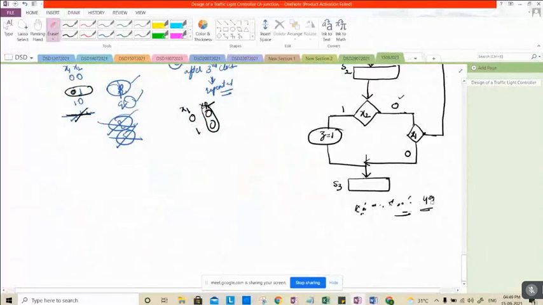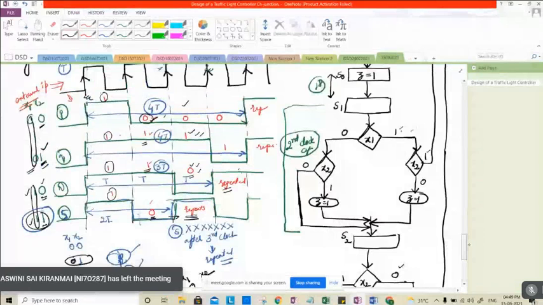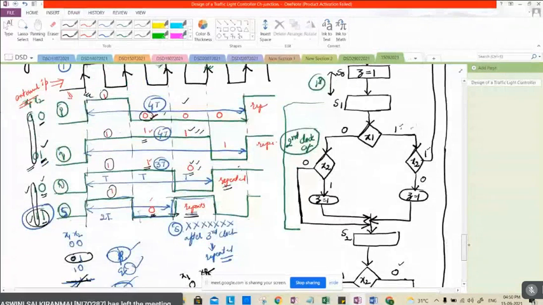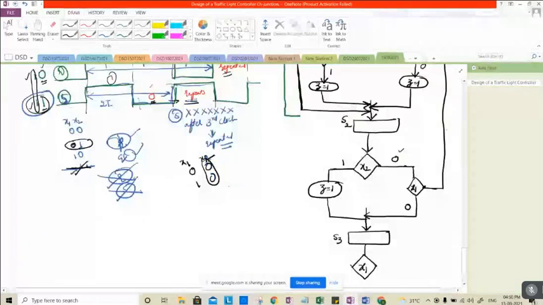Right. I'll be taking x1 here. X1, what are the values that are required for x1? Only 0, 1, right? We are supposed to write down the outputs for 0 0 condition and 0 1 condition.